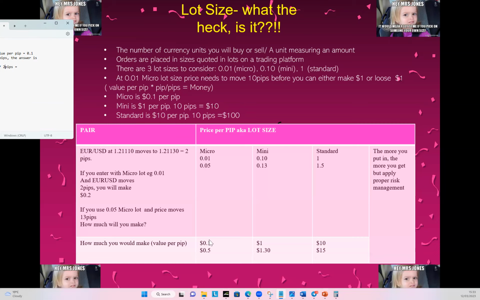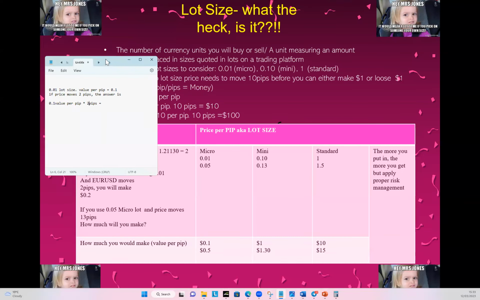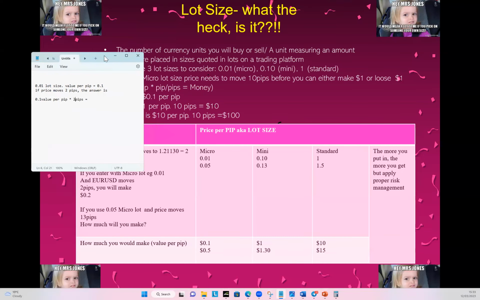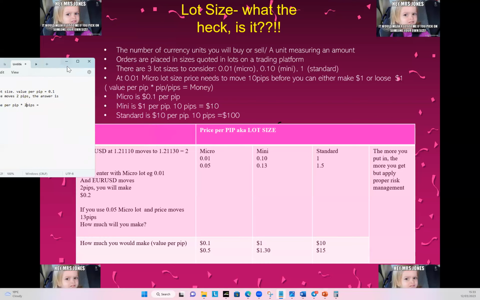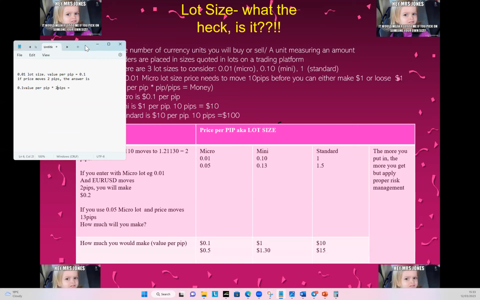The value for 0.05 is 0.5, so the value per pip is 0.5 times the number of pips, 13 pips, which will give you $6.50. Just looking at the formula, it doesn't make it clear that that's the number of pips. Sure, that can be changed, no problem.